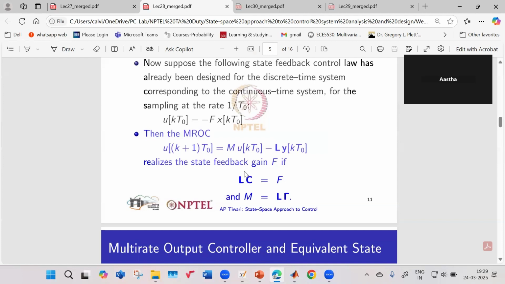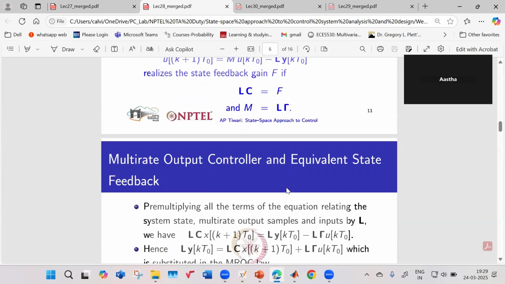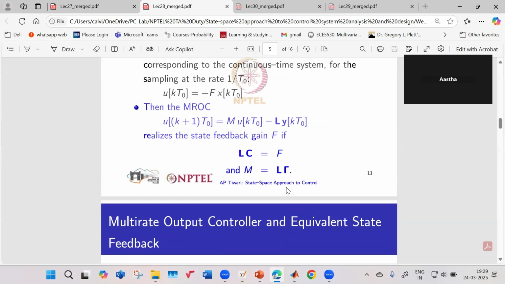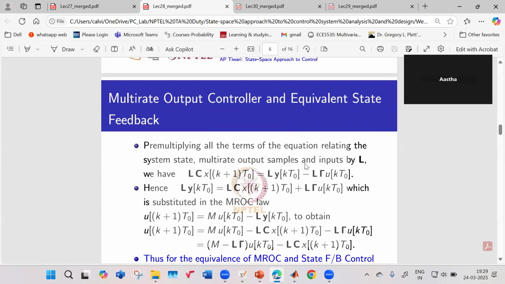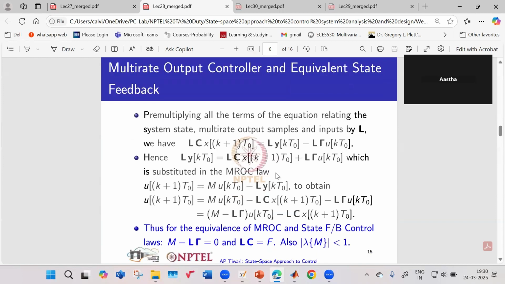Now they are saying that if LC is equal to F and M is equal to L into gamma, then we can realize the state feedback again. So what they do is pre-multiply the state equations by L, and they find this expression.